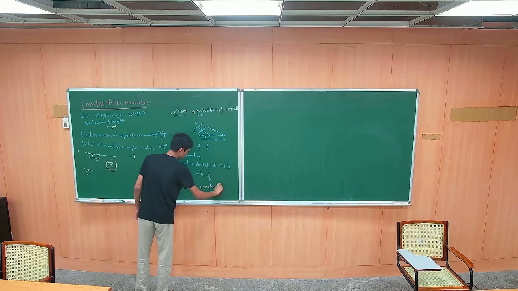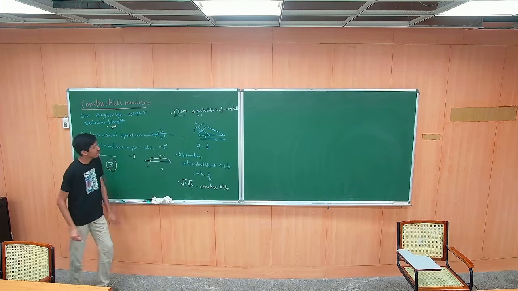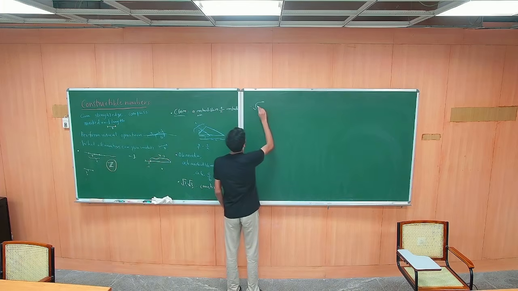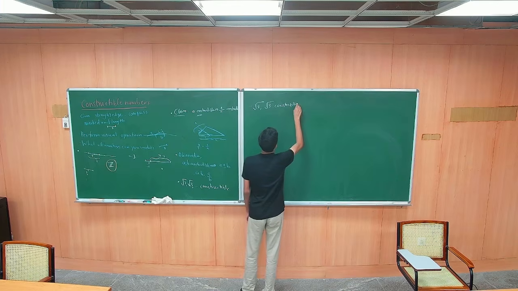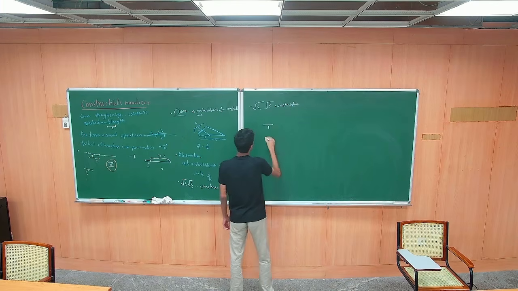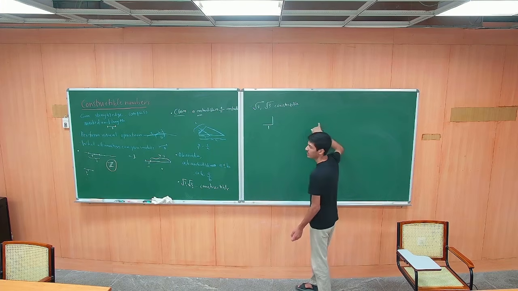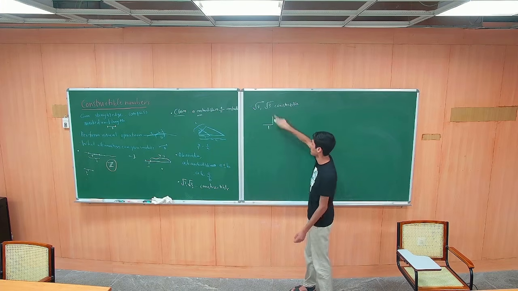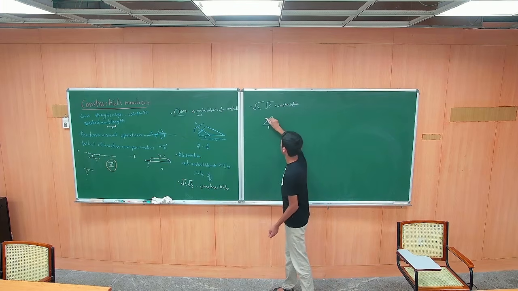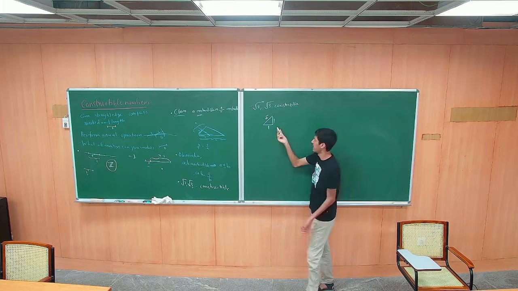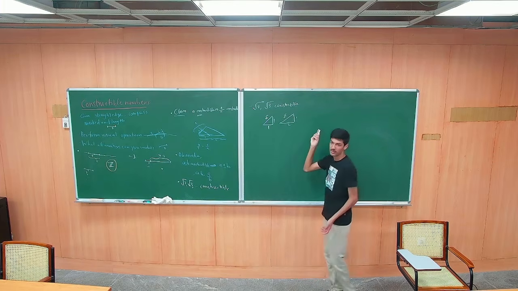And how do you construct this? For root 2, you take 1, you draw a perpendicular line. You make this an infinite line and take a perpendicular, mark length 1 here, and by Pythagoras theorem this is root 2. And similarly, you can take 2, 1 and this will be root 3, and you can repeat this.